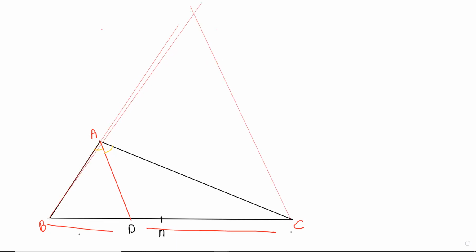The line through C that you see is parallel to AD. I should have decided upon the triangle more carefully, but that's okay. How you want to learn, we learn. So I'm drawing this parallel.